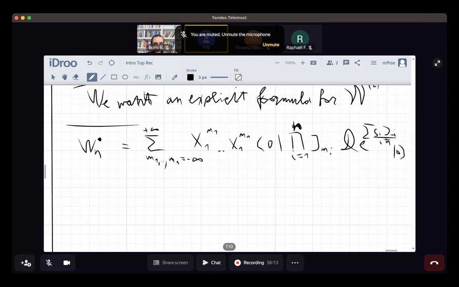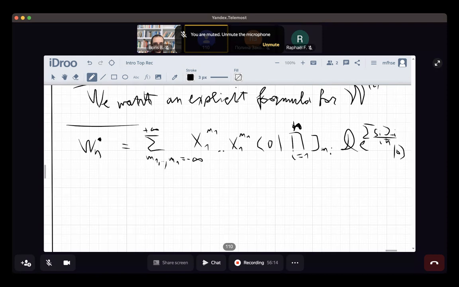So we have this formula, and the W_n without bullet, the connected ones, they could be obtained from these by applying the inclusion-exclusion formulas. Right?